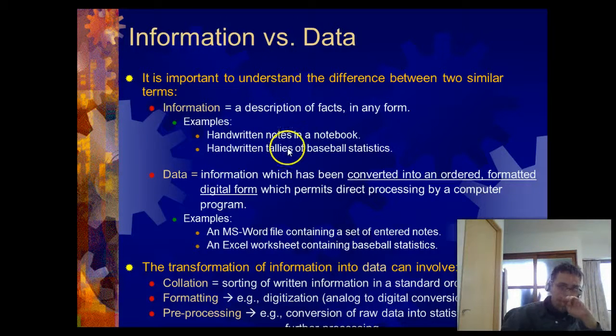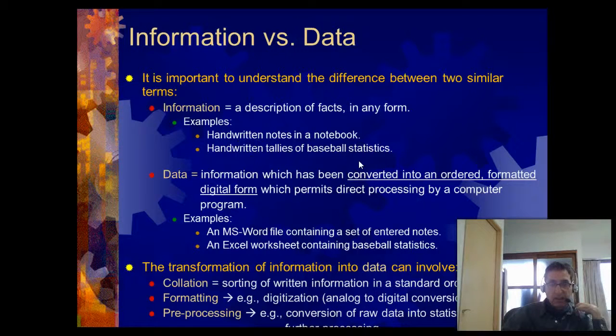Data is information which has been converted into an ordered, formatted digital form, okay, which permits direct processing by a computer program. Okay, so we might want to make these distinctions between description of facts in any form, notes in a notebook, tallies of baseball statistics.